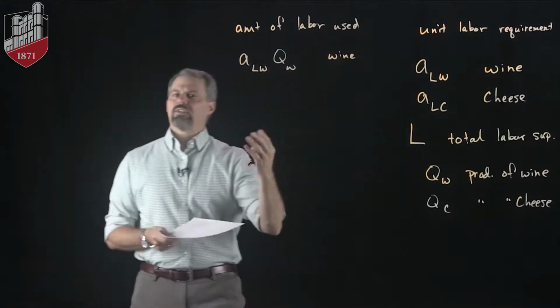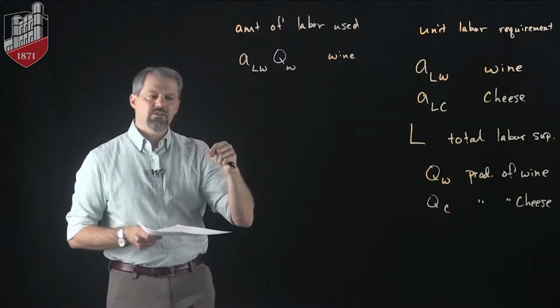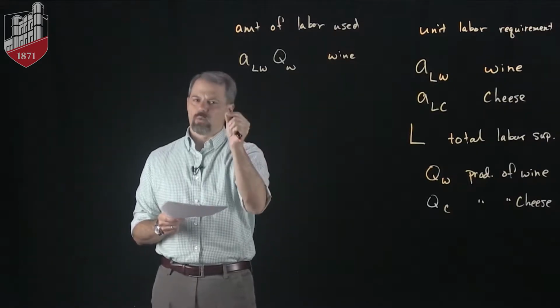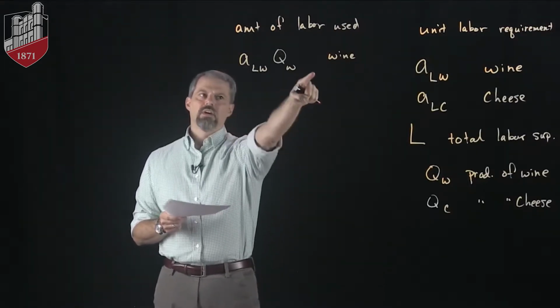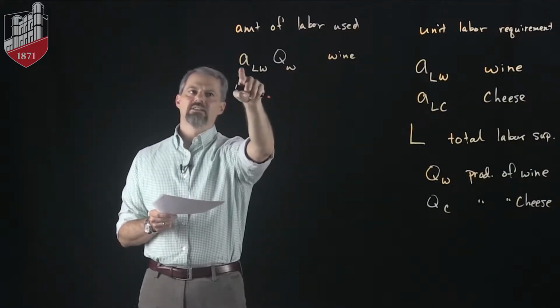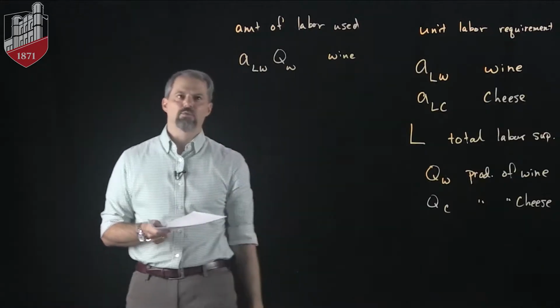Let's think about what that means. Let's suppose the unit labor requirement is 1. That means home needs 1 hour or 1 unit of labor to produce a unit of wine. And if they produce 5 units of wine, then 1 times 5 would be 5. They need 5 units of labor to produce that much wine.